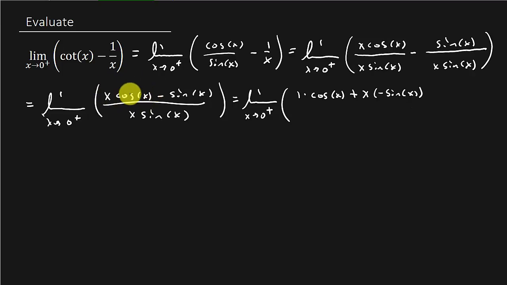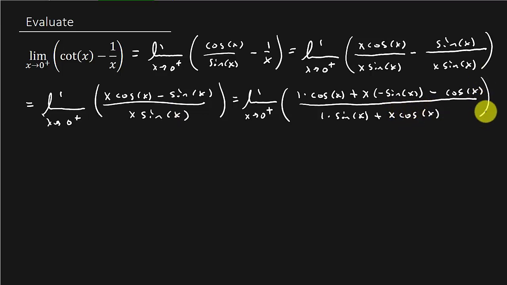Okay, that's the derivative of this first term, minus the derivative of sine x, which is cosine x, all over the derivative of the denominator. And that is going to be 1 times sine x, we've got to use the product rule, plus x times the derivative of sine x, which is cosine x.